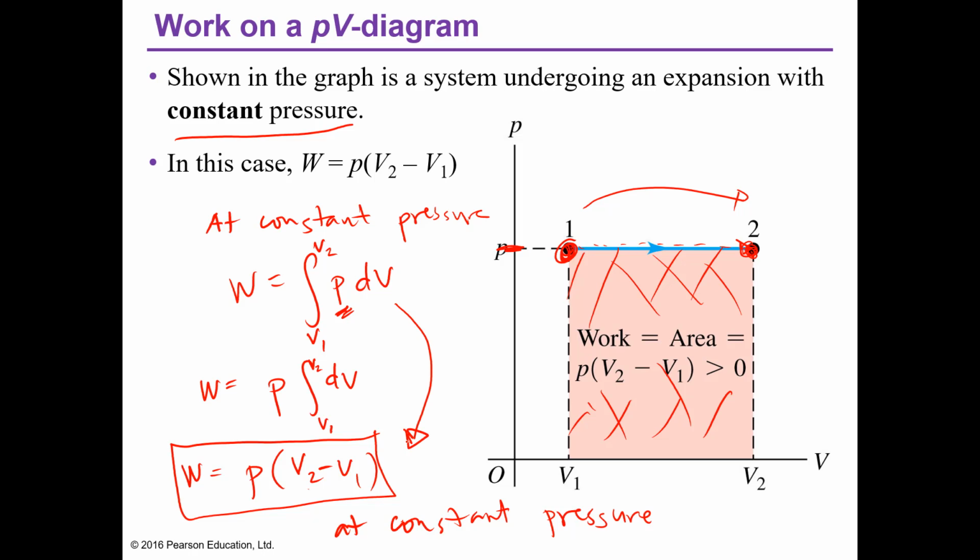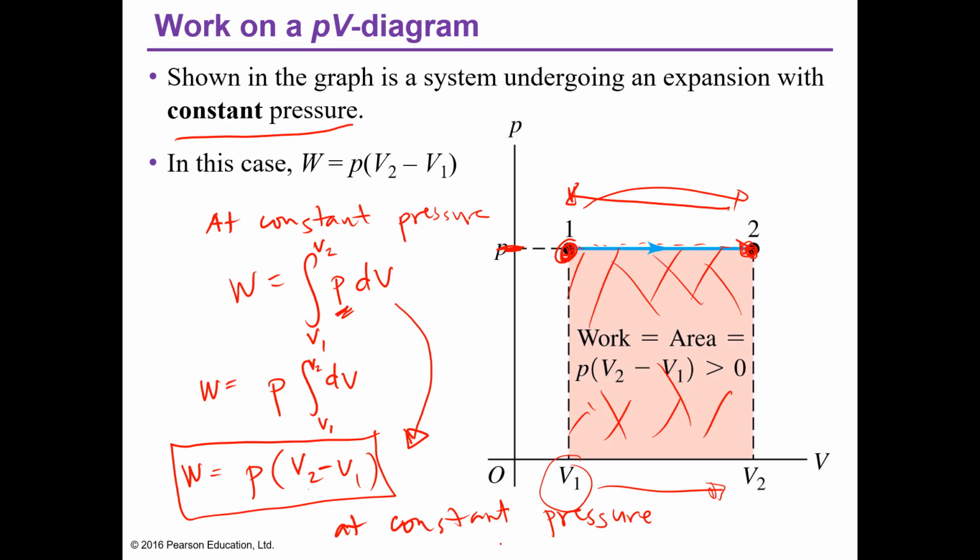Very simple. Okay. Work done is positive because you increase the volume. If the direction of the arrow is going there, then work done is negative. Decrease the volume, work done is negative.